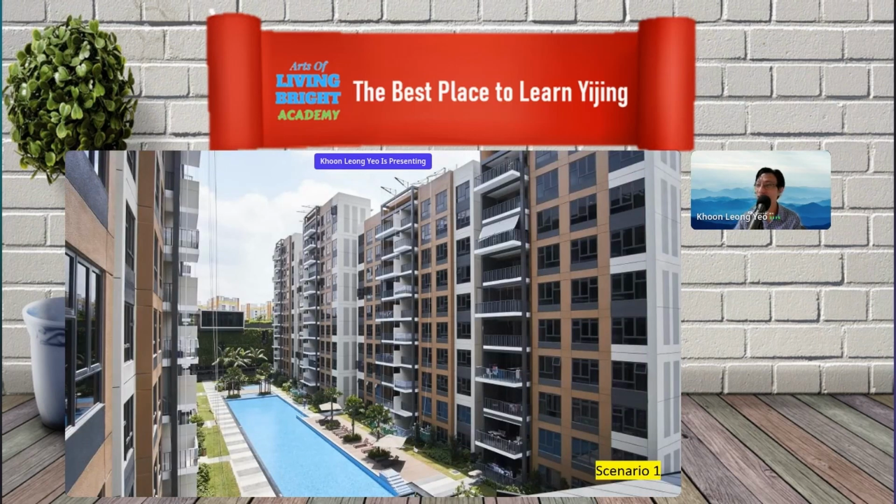Now, a condo typically looks like this. You have a pool view and you also have the other side view. Imagine your unit is facing the other side, not the pool view. Therefore the pool side becomes your back, and your back has a swimming pool. That means active movement, and after the swimming pool you have a tall building.